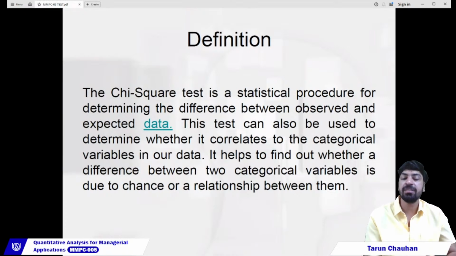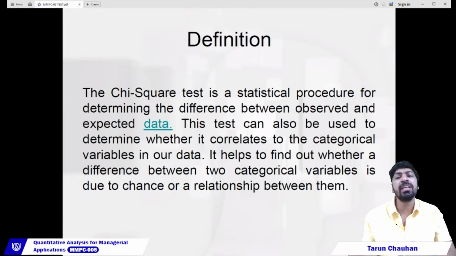And such a test will be used to determine whether any two variables have any correlation or not, or whether any two or more categorical variables in our data set are related. It also helps to find out whether any difference between the two variables is actually related to each other, or actually associated with them or not. And that stands for the chi-square test.